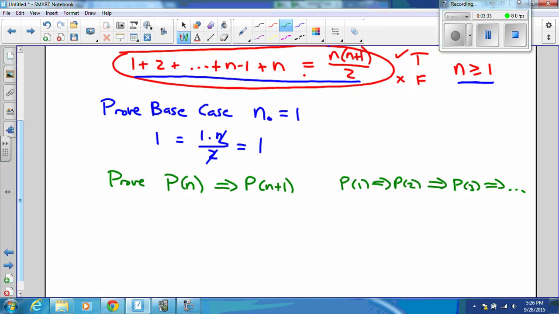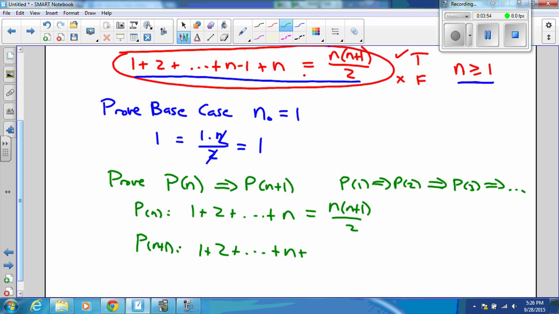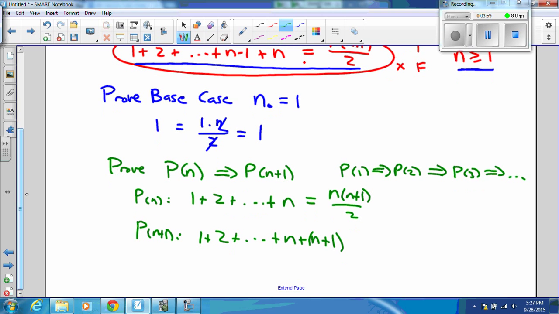Now, how does it work? Well, let's examine what P of n and P of n plus 1 would look like. P of n is the statement that the sum of all of the integers up to n is equal to n times n plus 1 over 2. So P of n plus 1 is going to be that statement applied to n plus 1, that the sum of all the integers up to n plus 1 is equal to n plus 1 times n plus 1 plus 1 all over 2.